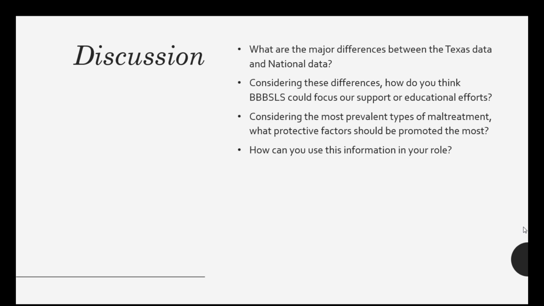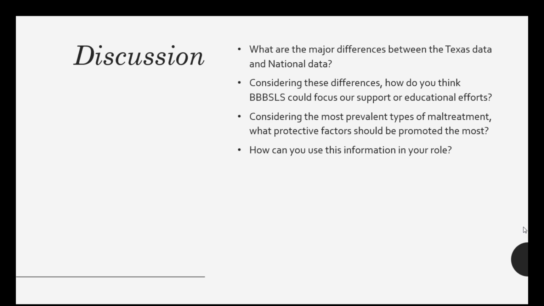So send your bigs my way for that training if you think they would find it helpful, because we go into a lot more depth into what causes maltreatment, specifically neglect.